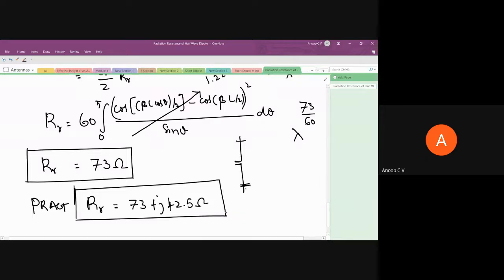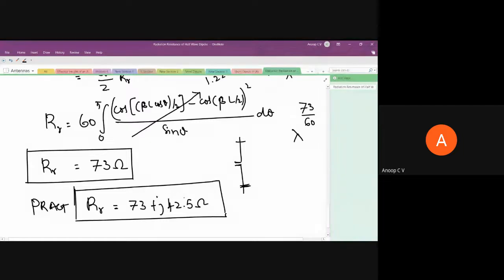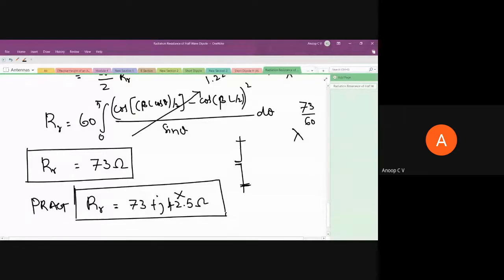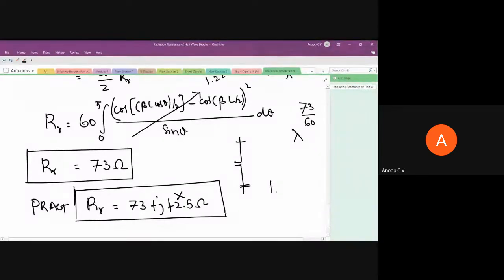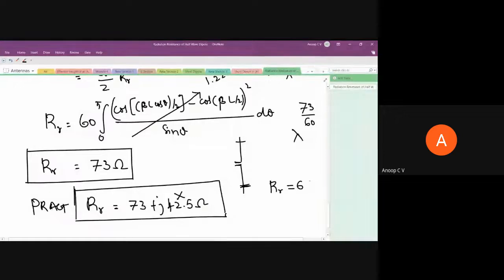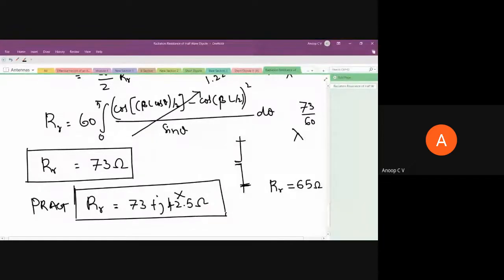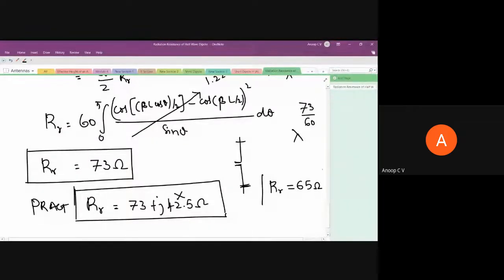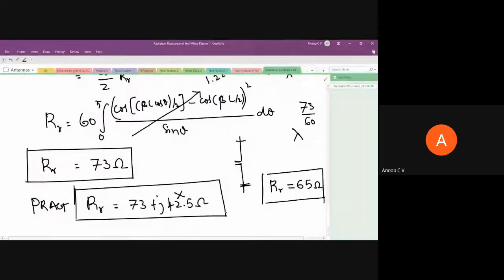Because of that, the inductive part is eliminated, but the length is also reduced. So in practical applications when we use a lambda by 2 antenna, its radiation resistance will be somewhere around 65 ohm. It won't be 73 ohm as such, it will be 65 ohm.